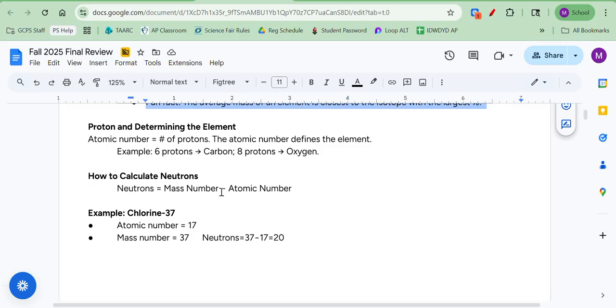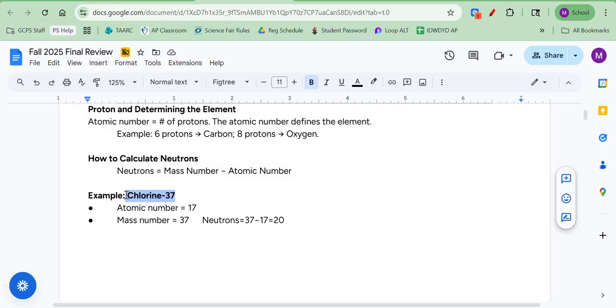An example of that would be in chlorine-37. The 37 after chlorine and the hyphen tells us the mass number. And so we can find the atomic number using the periodic table. And to discover the number of neutrons, we can subtract those two numbers and determine that the value is 20.